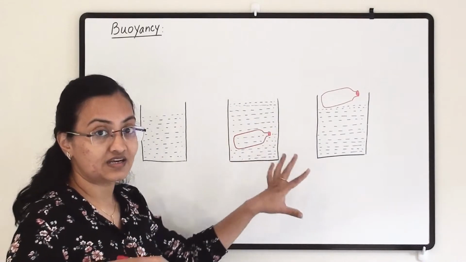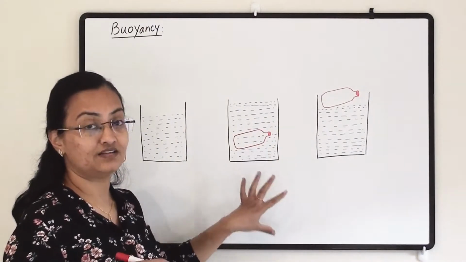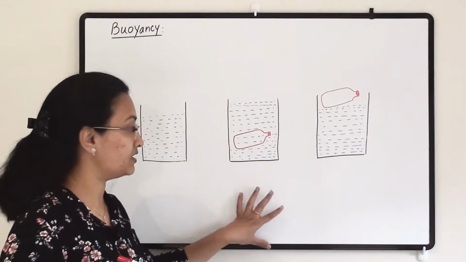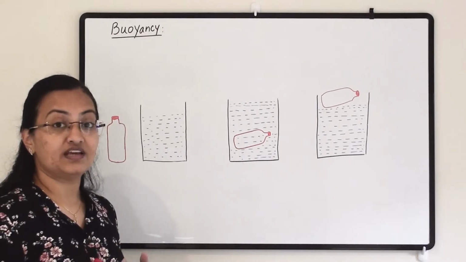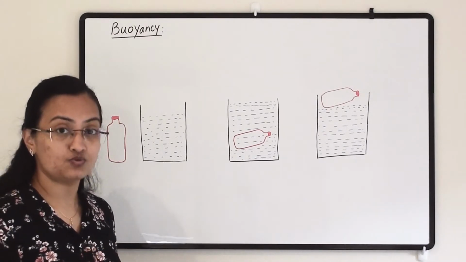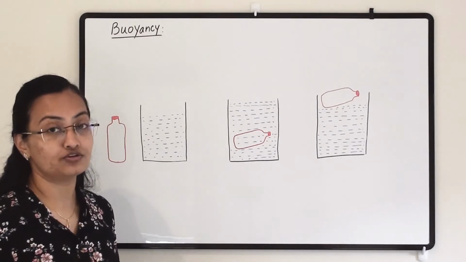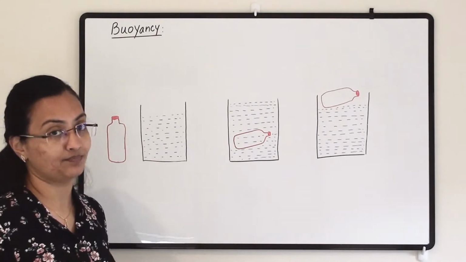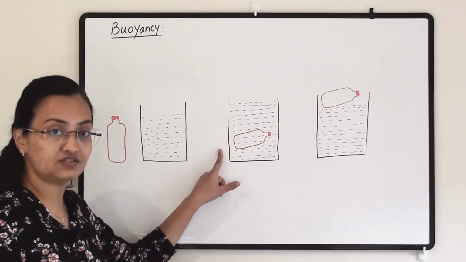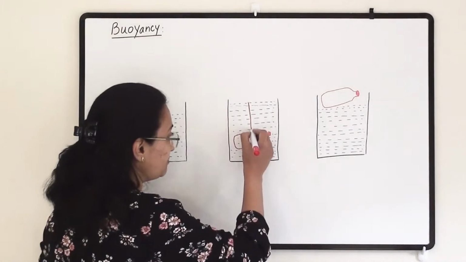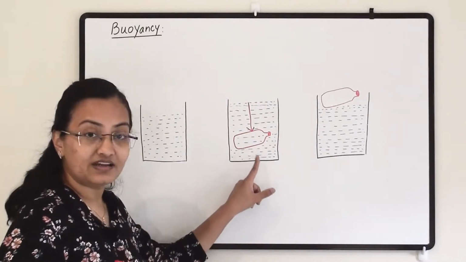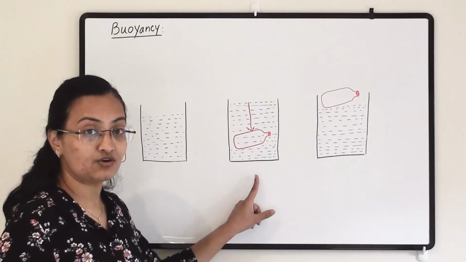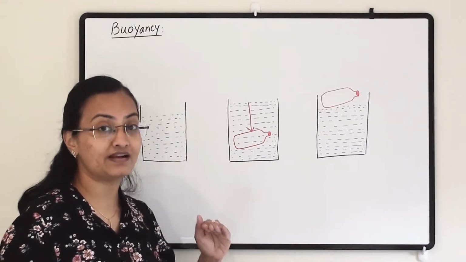Now let us understand the buoyant force and the scientific phenomenon which happened over here. We all know that each and every object has a certain weight, and this weight is due to the gravitational force of the earth acting on them. So when we are immersing this bottle and applying pressure to it, along with that the gravitational force of the earth is acting on it, so it should remain at the bottom.